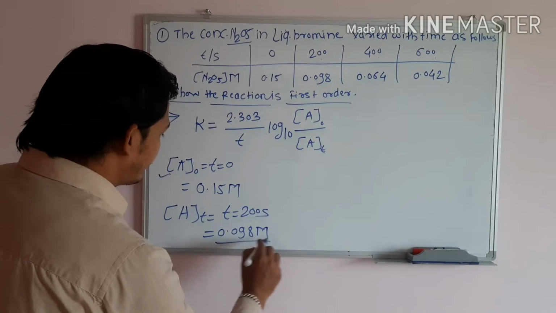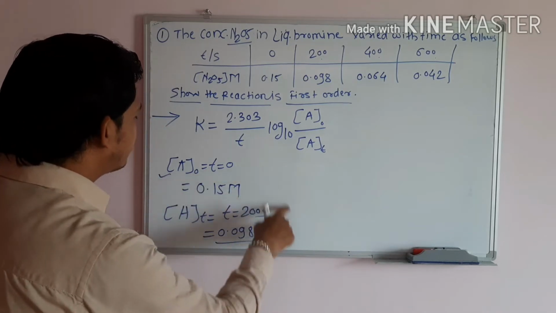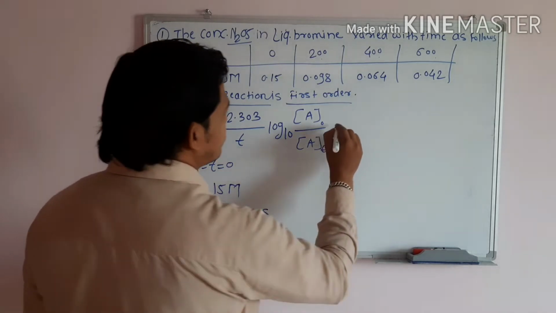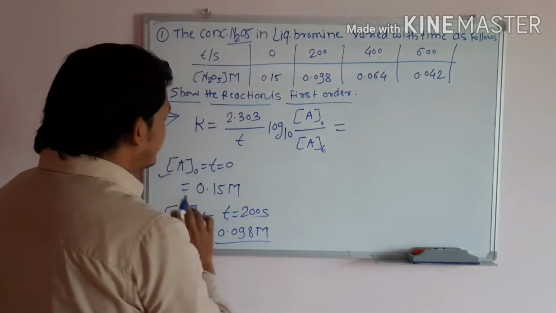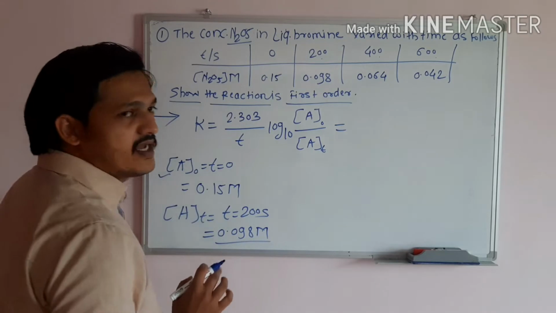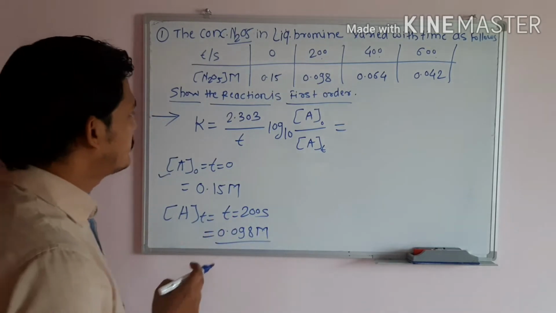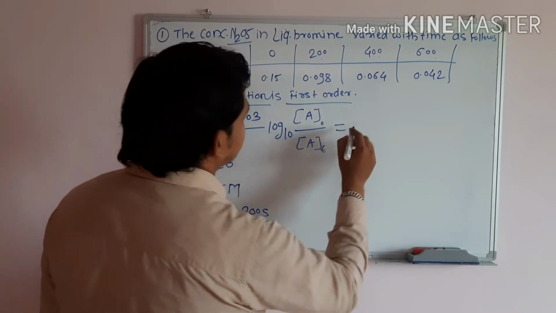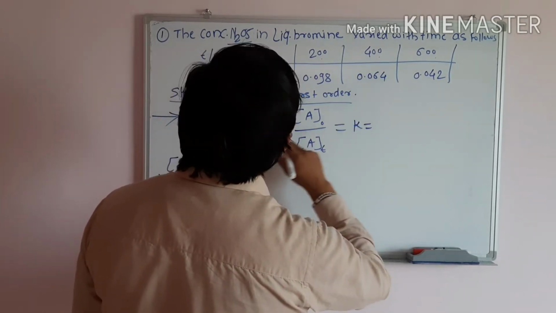That is step first. Now let us solve. This is our given data. The original formula, as we know, is K is equal to 2.303 by T log to the base 10 A0 by AT.